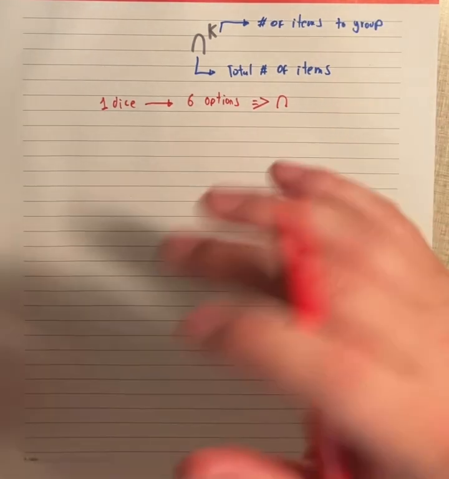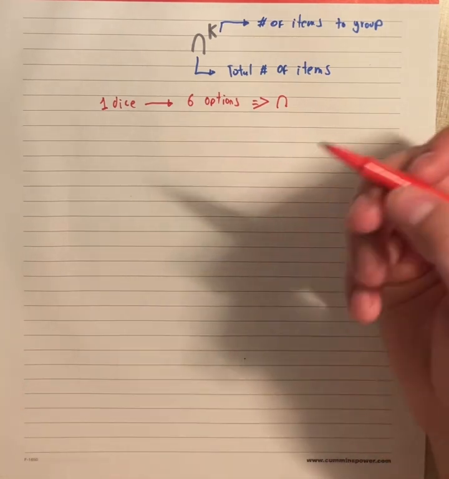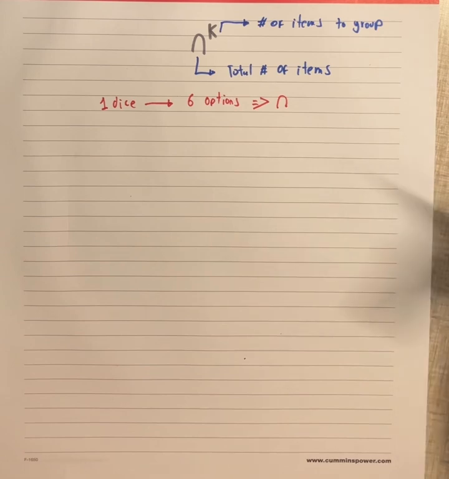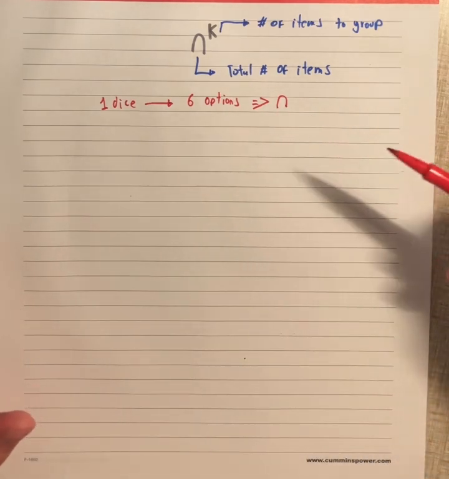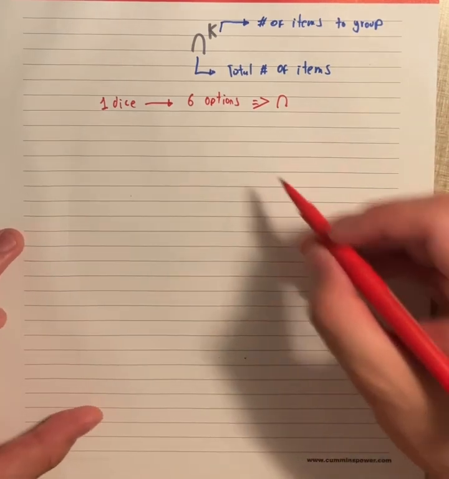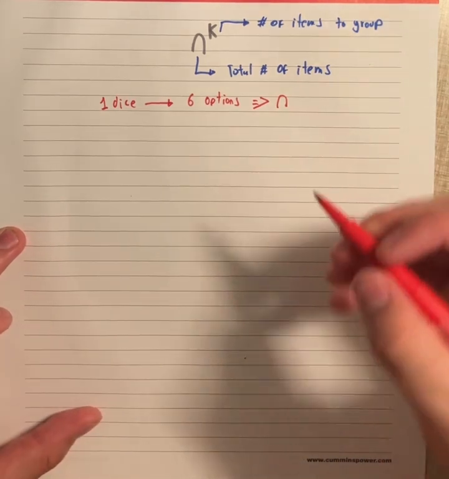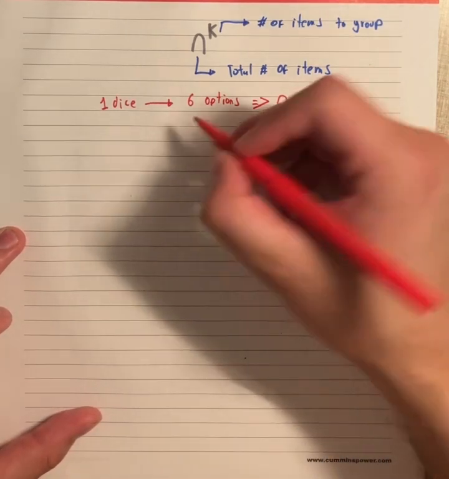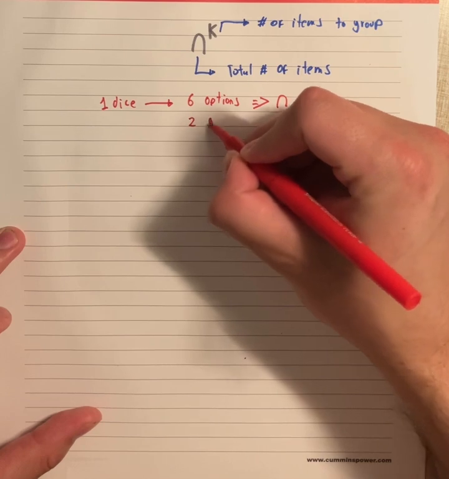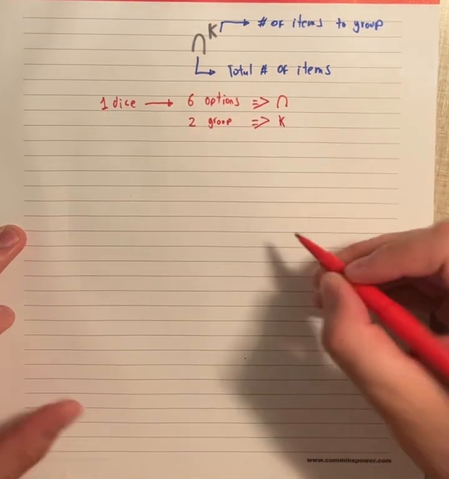I throw the dice twice and record the result. Let's say the first try I get number 1, the second try I get number 5. How many different permutations or options should I be getting if I throw it twice and record that? I'm grouping by 2, so that's going to be my k.